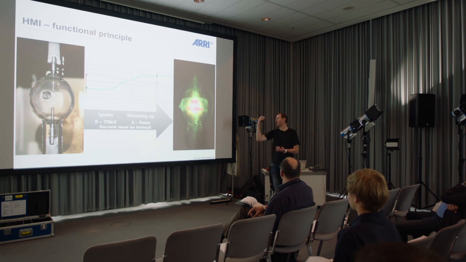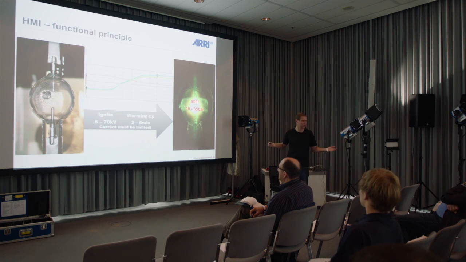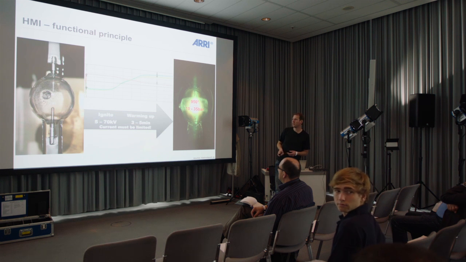It gets warm, it gets hotter, and it would run forever if we don't limit the current. If we don't limit the current, at one point it would just explode.